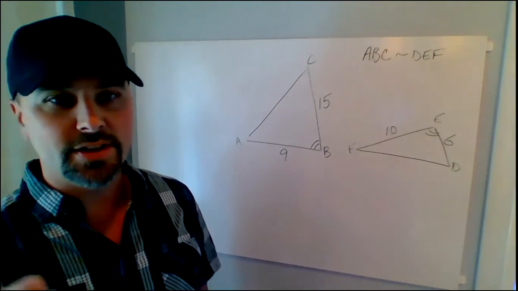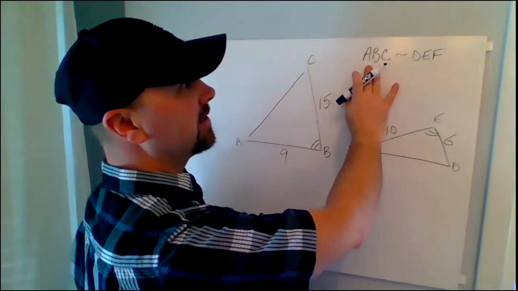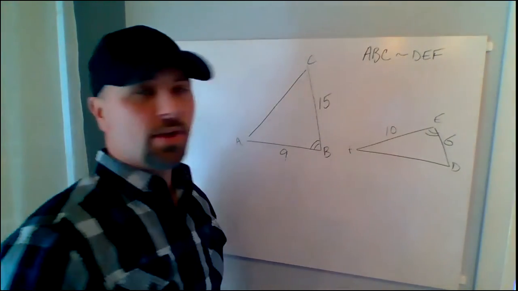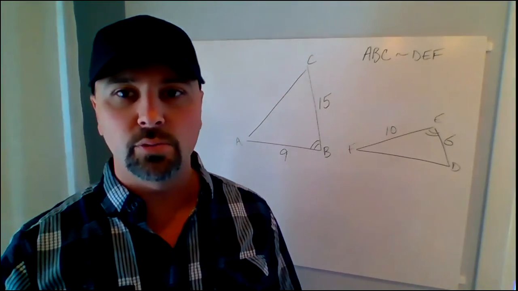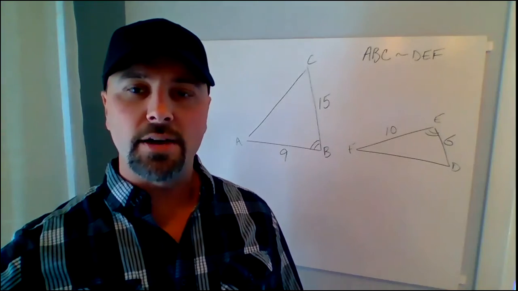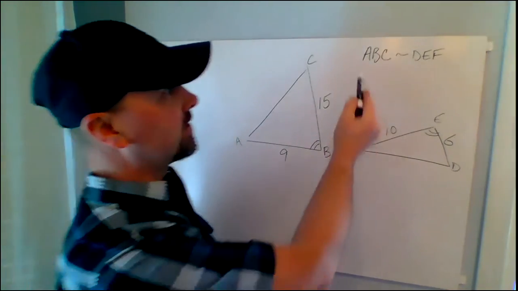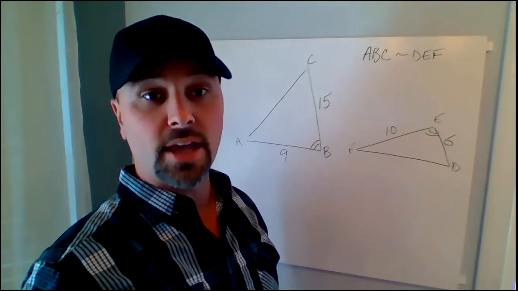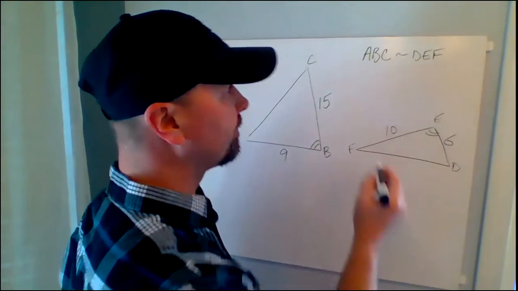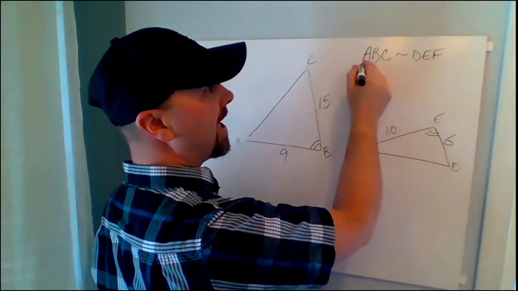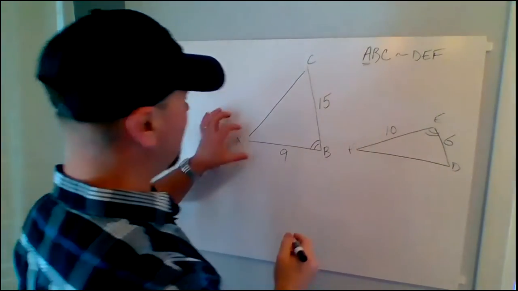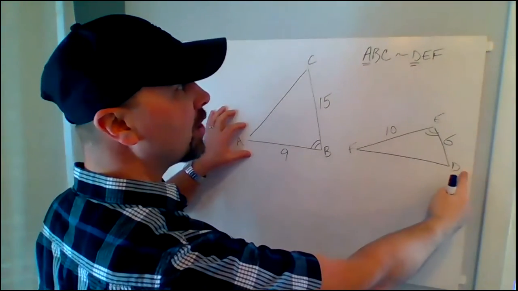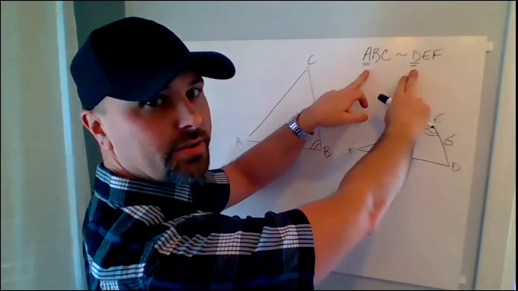Okay, so it told us that triangle ABC was similar to DEF. This is the symbol for similar. There's more to that than what you may think, because when they label and describe these in this way, they're telling us which angles are the same, but also which sides are the same. All right. So angle A is the same as angle D. I know that because they're both listed first.